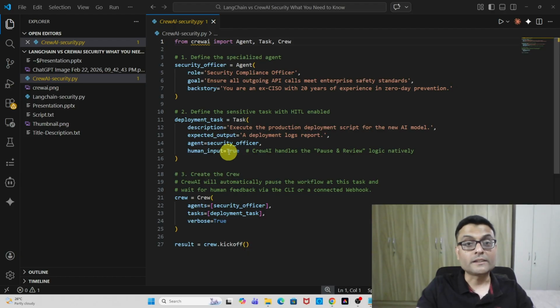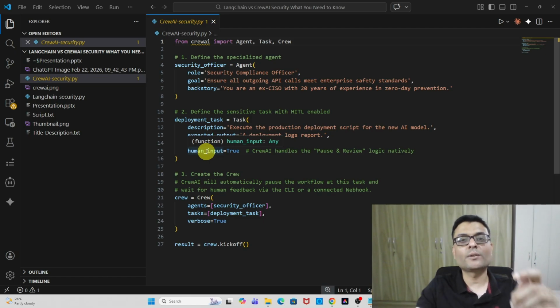In CrewAI, it's process oriented. By just setting human input equal to true, the framework manages the interruption. For a senior architect, this is a security as a service model. It's faster to implement, but you are trusting CrewAI's agent engine to handle the state persistence for you.